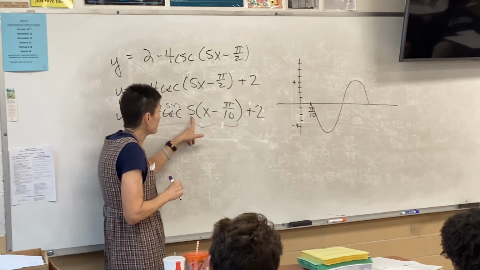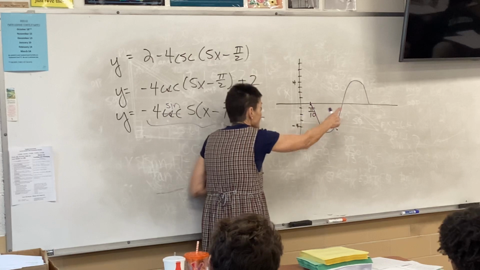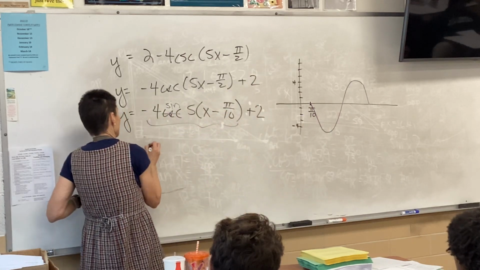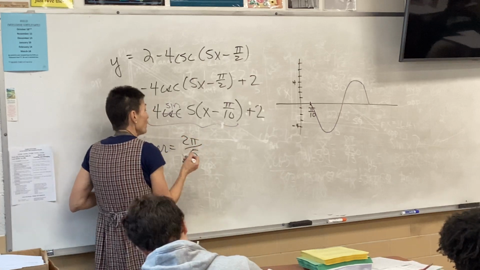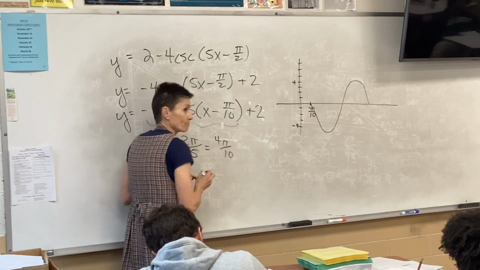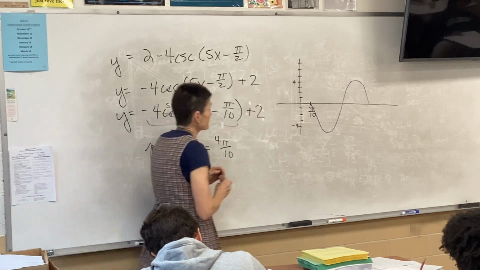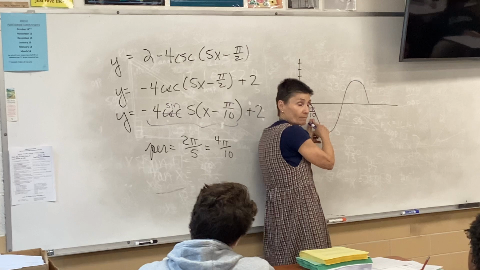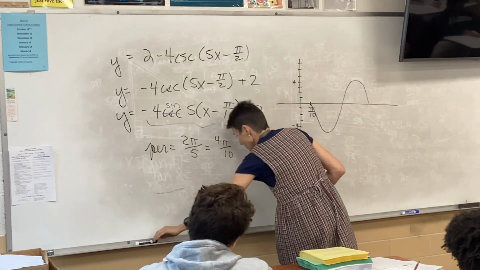Now, what is the period of this thing? Because I know where it starts. Now I need to figure out where it ends. Well, what's its period? 2 pi over 5, which for my purposes, could I think of that as 4/10? That might help me because I know it starts at 1/10 and travels 4/10.